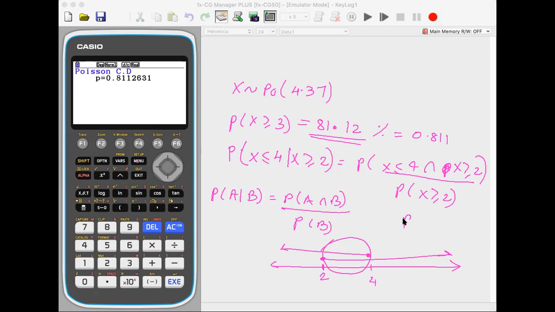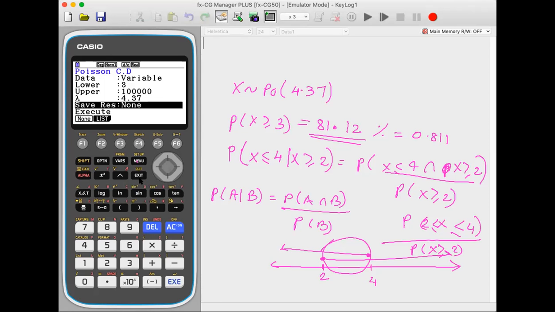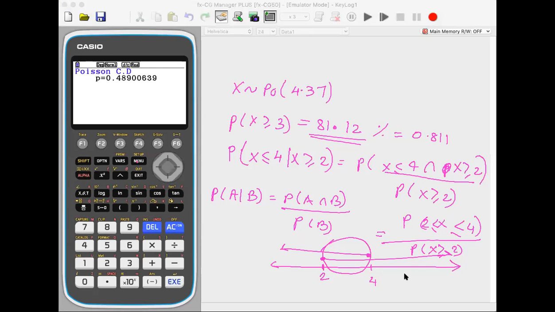this, which is nothing but probability of X between 2 and 4 over probability of X more than or equal to 2. So this once again you do on the calculator. If I just take this as 2 and this as 4, that's around 48%, so this is 0.489 over the probability for X more than 2.